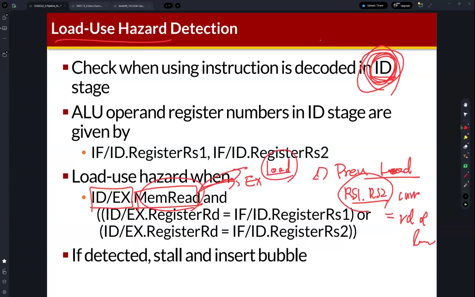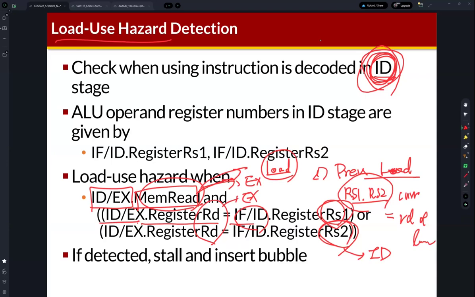Okay. And then we need to compare the RD of the load instruction with RS1 and RS2 of the current instruction. You can find the ID/EX, which means this is the RD in the EX stage, right? And you can also find the instruction fetch slash ID, so this is the RS1 and RS2 in the ID stage, right?